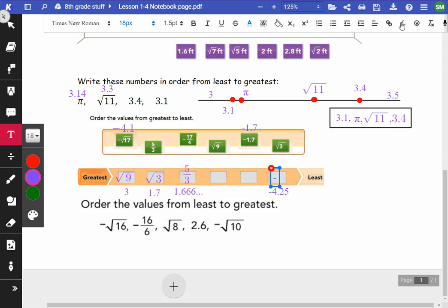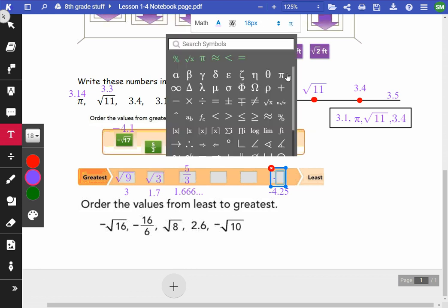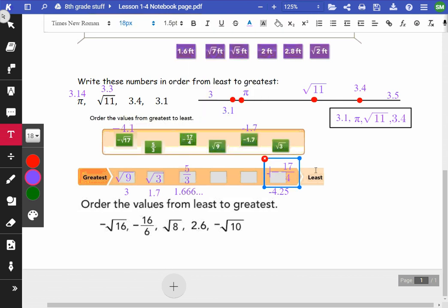Negative, and then I'm going to go get a fraction. Here it is. 17 down 4. Negative 17 fourths. And actually I'm going to put the negative here because it makes it longer and then it's more obvious. So I'm going to get rid of that one. Okay. So negative 17 over 4.